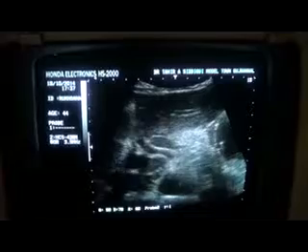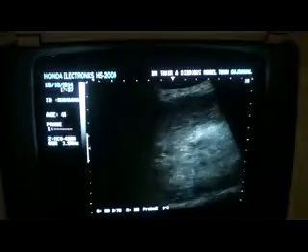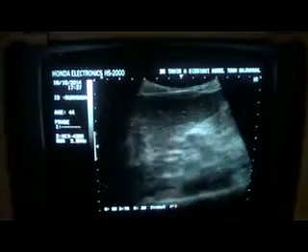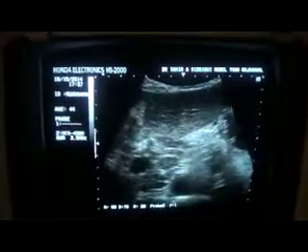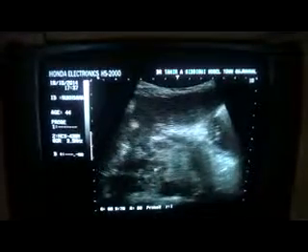Here you see the lymph nodes. Now, why do we say that this is a lymph node? Why not something else? Let's say this area and this area. Now keep an eye on these areas.